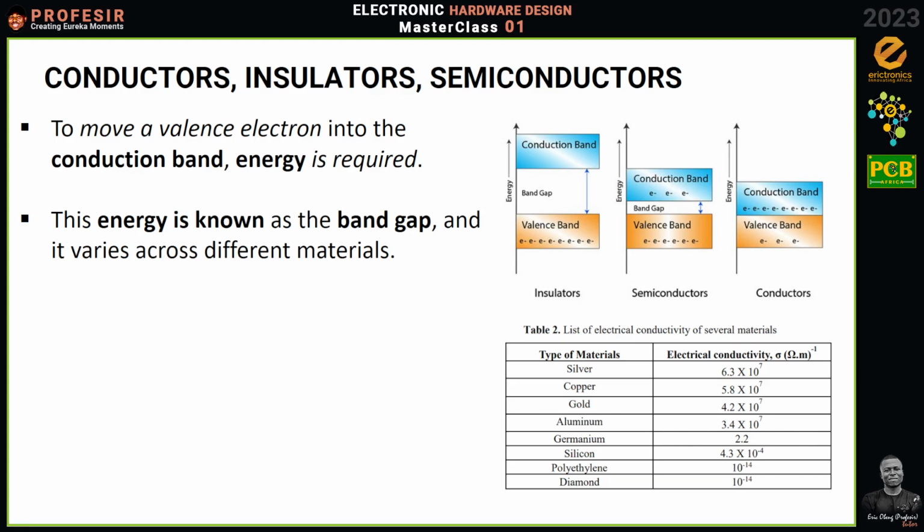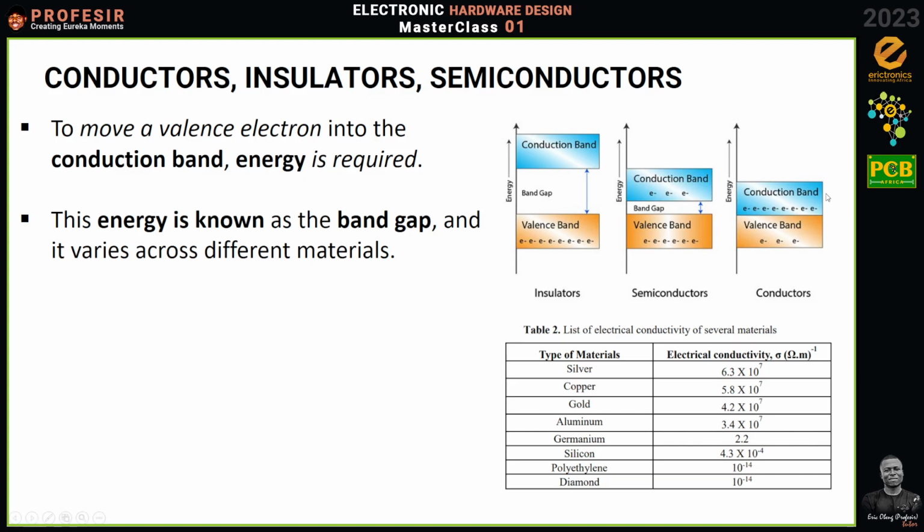There are certain kinds of materials where you need very little energy, just a little energy, and you have your electron excited from the valence band to the conduction band.